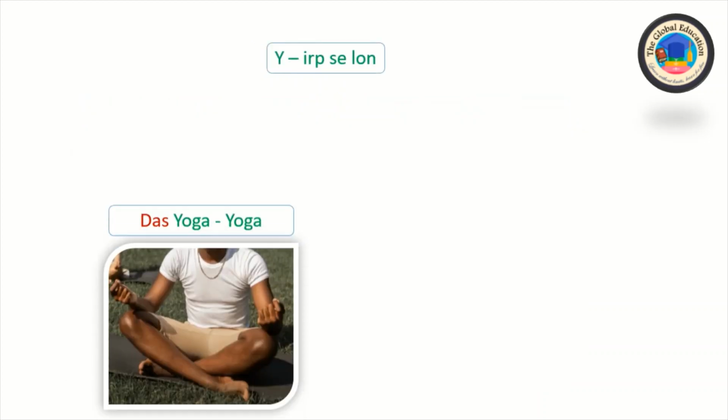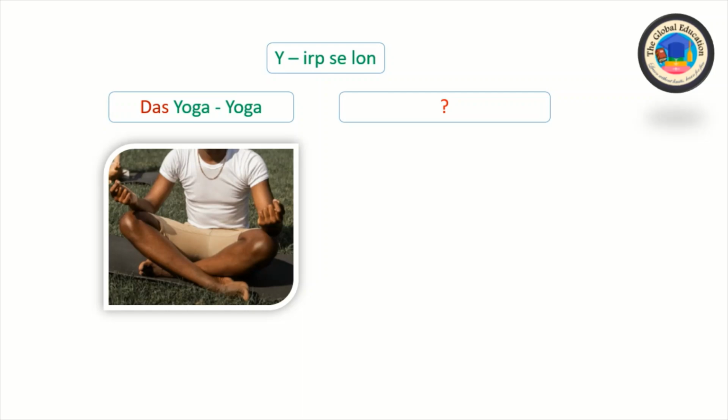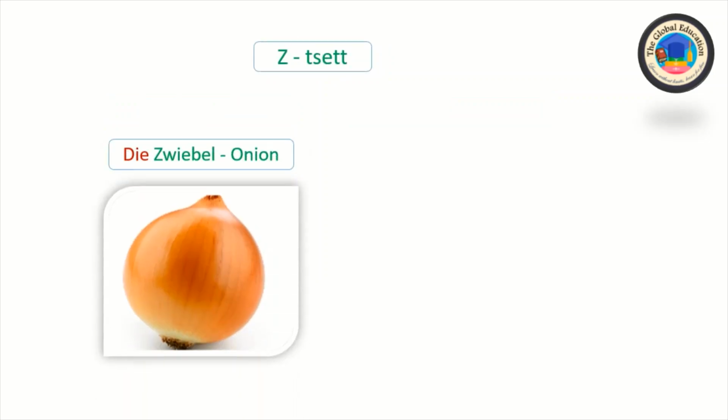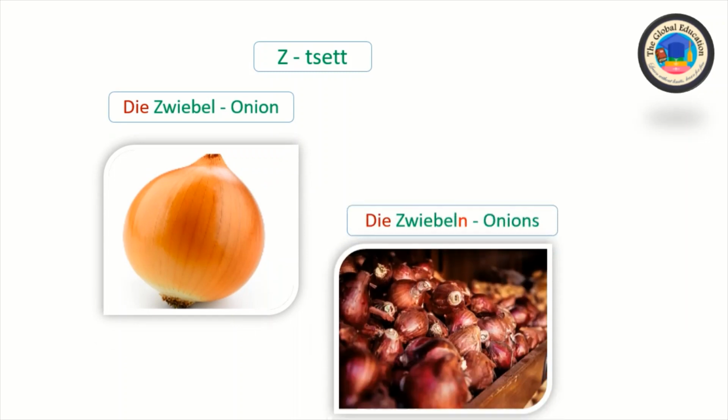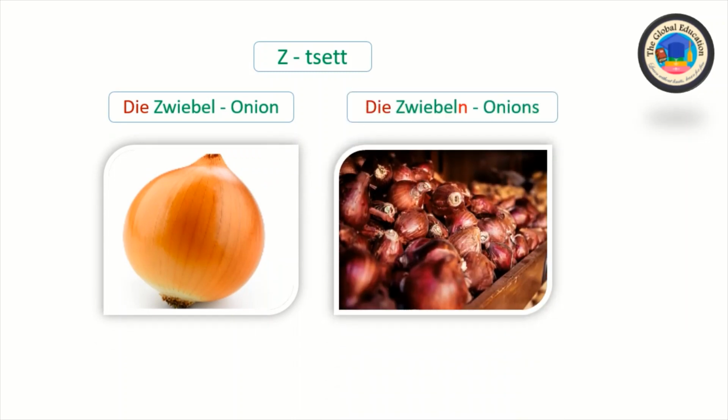Epsilon, das Yoga, and in plural we cannot convert Yoga; it stays in one form, so saying die Yoga is totally wrong. We can only say das Yoga. Z, and its plural form.